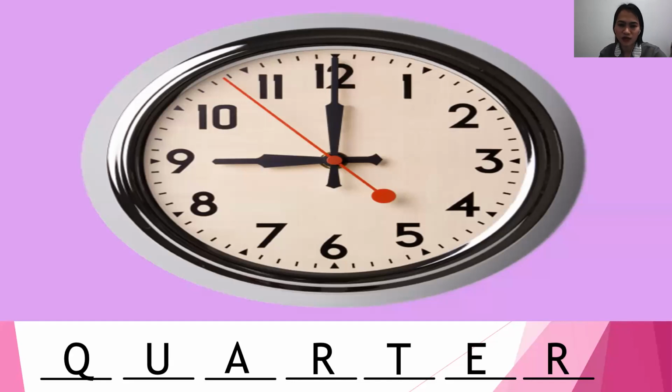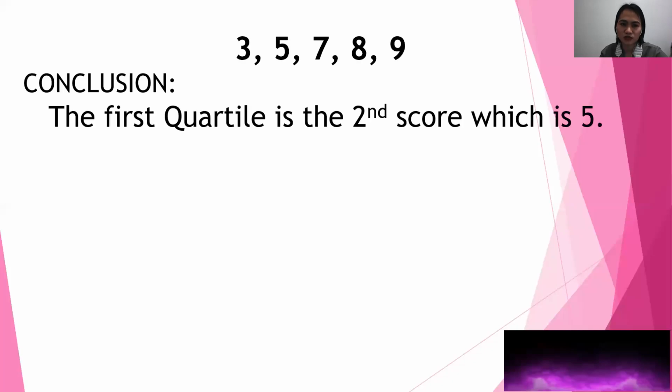But before that, let's have an activity first. In this activity, you're going to satisfy the given conclusion. First we have the data set: 3, 5, 7, 8, 9. And the conclusion is the first quartile is the second score, which is 5.